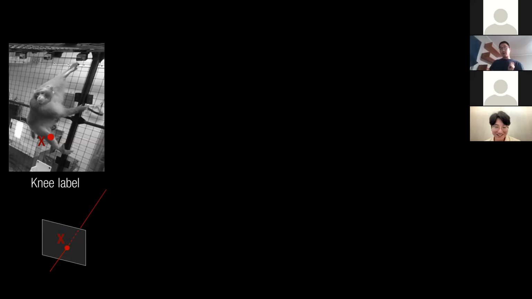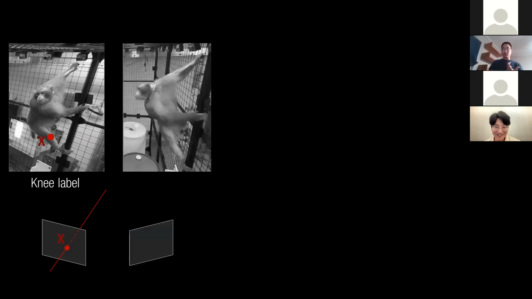And if I see this ray from a different view, so here I'm seeing this monkey from a different viewpoint, then that will be a line in the other image, and we call this the epipolar line. Again, a pixel in one image translates to a corresponding line in the other image.